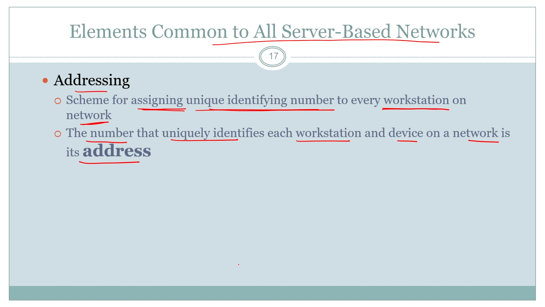When somebody says IP address, this word address is the unique identification number of the node in the network. It can be a client, it can be a server, it can be a printer, it does not matter. That address is the unique identification number of that node.